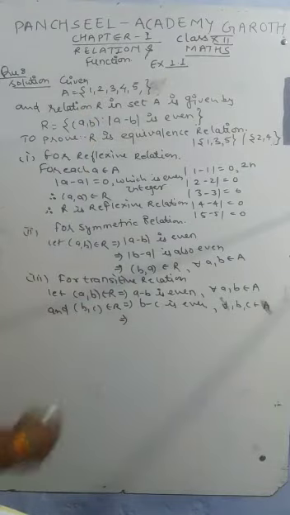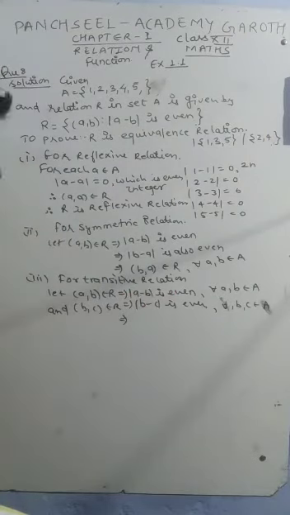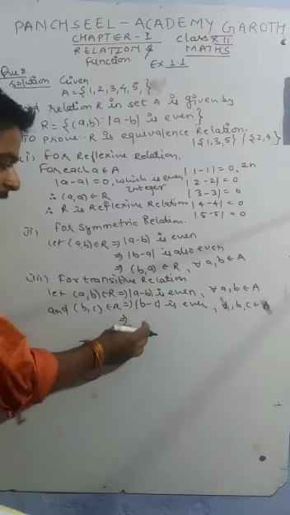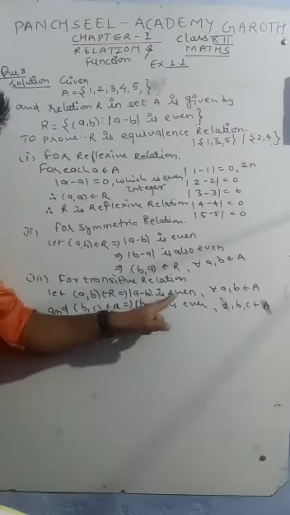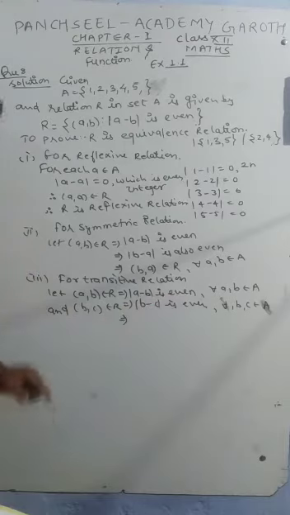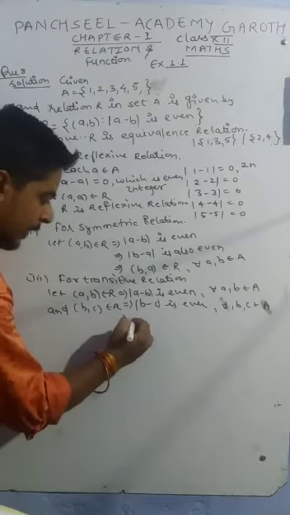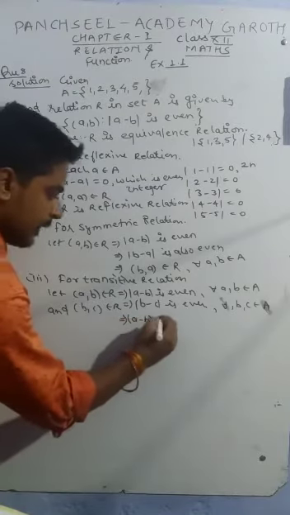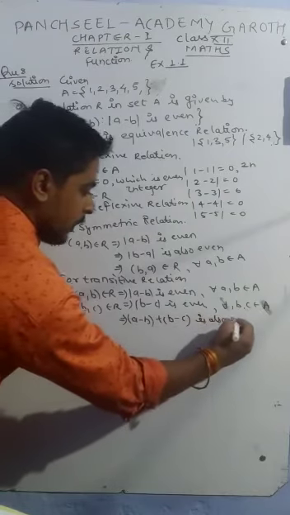This implies that if A minus B is even and B minus C is even, then we can say that A minus B plus B minus C is also even.